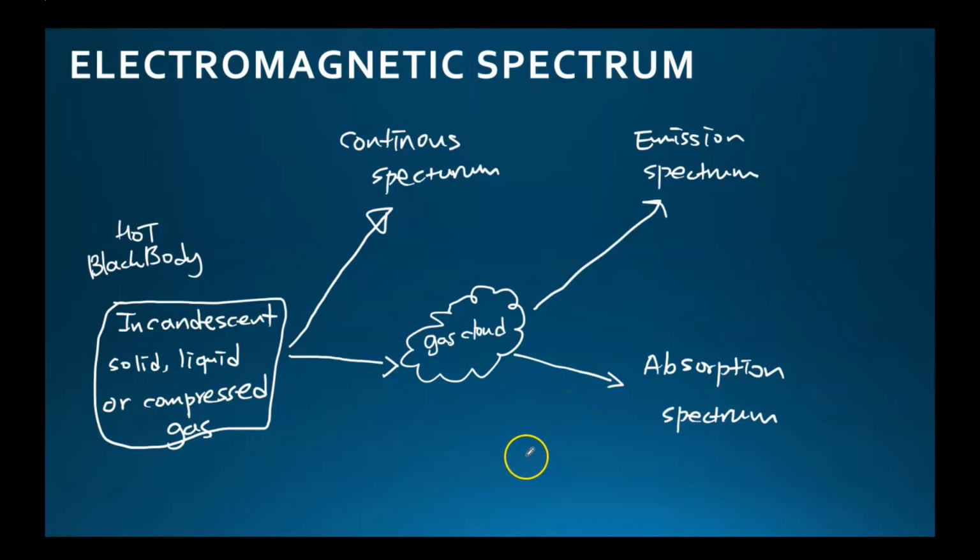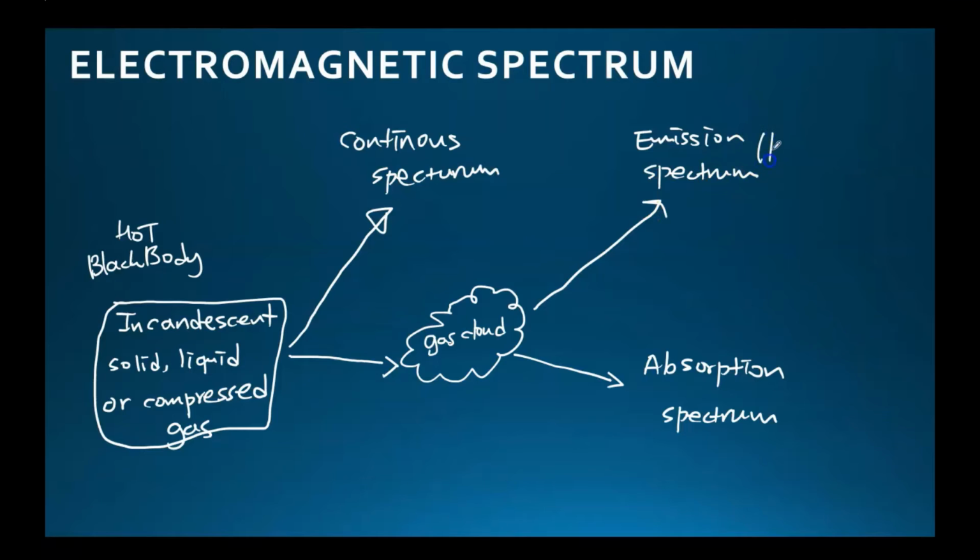Emission and absorption spectra are characteristic of the chemical composition of the cloud. Okay, so let's summarize this. A continuous spectrum happens when it is emitted by a hot solid, meaning directly from the hot black body. And the line spectrum is emitted by hot monoatomic gases.